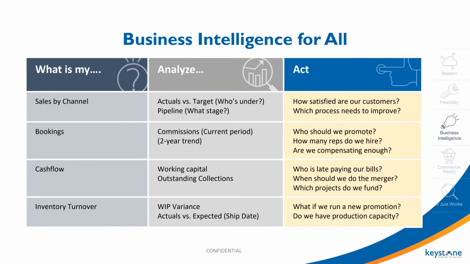So in some of the older systems, again, where you're pulling things from multiple different applications, whether that's QuickBooks and Fishbowl, or you're taking it out of Sage and you're crunching it in Excel, answering some of these core business questions can be a really time-consuming process, and by the time you get the answer, it's already out of date. So if you need to know critical things like which channel is delivering the best sales or the best profits, then you need to be able to get that right away.